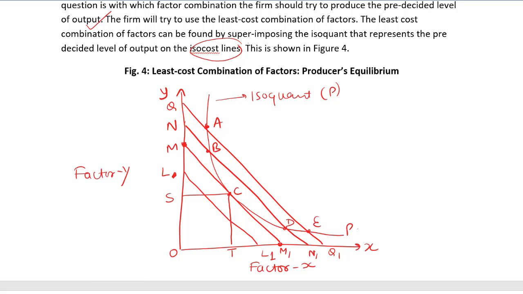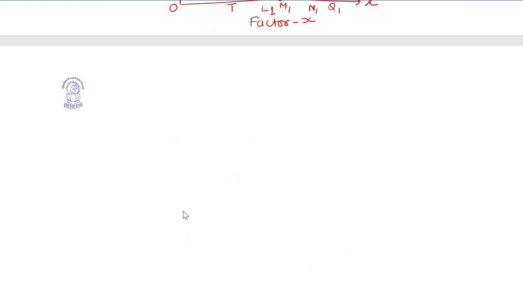Okay, let's move ahead now. Let's see the next topic, and that talks about internal economies and diseconomies of scale. Just write along with me: internal economies and diseconomies of scale.